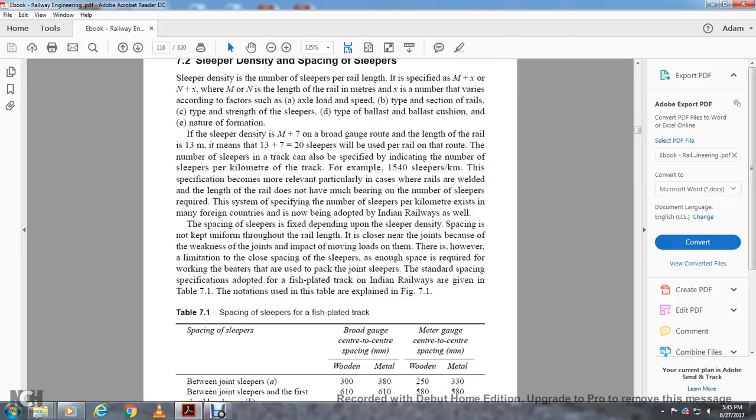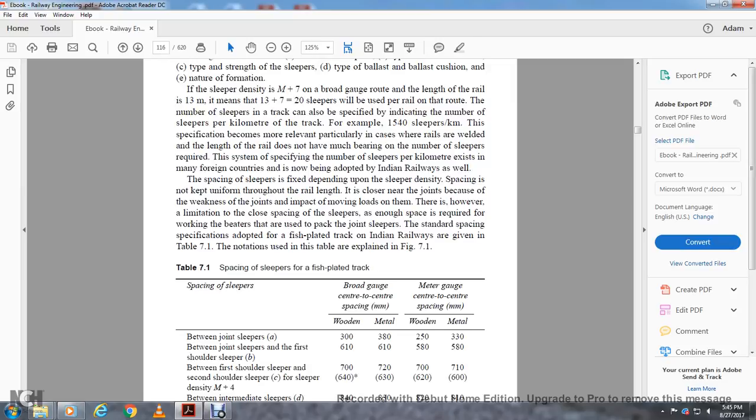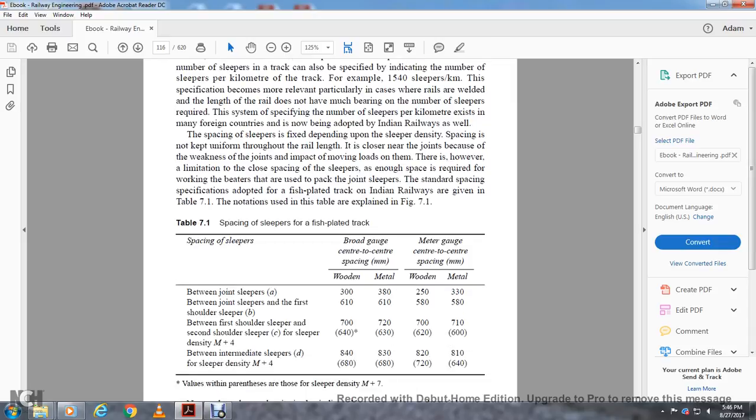Table 7.1, spacing of sleepers for fish-plated track. Joint sleepers, 380 for wooden broad gauge between the joint and sleeper. The first shoulder sleeper, 600, 610. Between the first and second shoulder sleepers, with sleeper density M plus 4, 640, 630. Between the intermediate sleepers, with sleeper density M plus 4 and broad gauge center spacing, 680, 680.